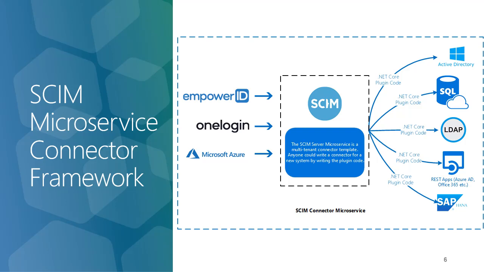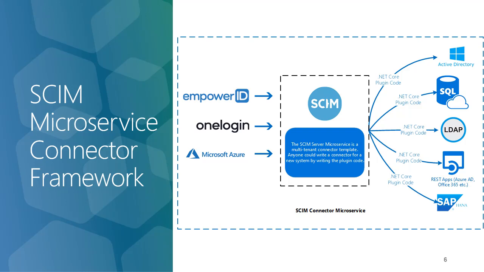Basically, it is a microservice template offered by EmpowerID, so it can run as a Docker container or a very lightweight microservice to be hosted anywhere. And it handles all of the complicated and heavy lifting of exposing a fully SCIM 2.0 compliant server or microservice to expose the APIs for users and groups.